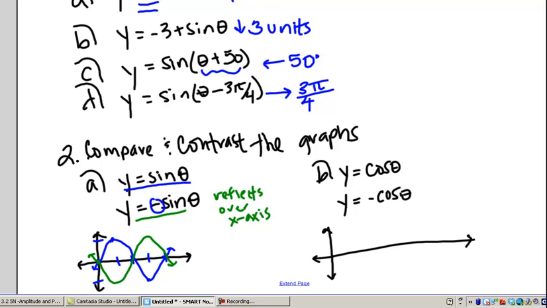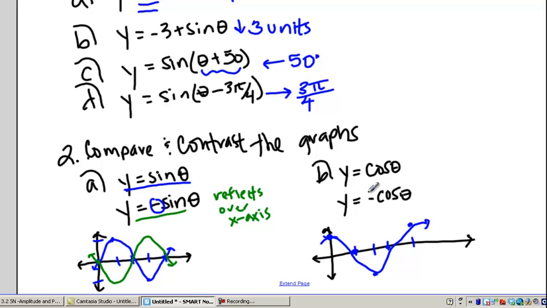Okay, looking at B, it's the exact same thing. Our original, or I should say my parent function, of cosine. Again, you should know from doing spaghetti trig yesterday and doing 3.2 today that cosine starts at the top, then goes down to the sinusoidal axis, then down, and then back up.